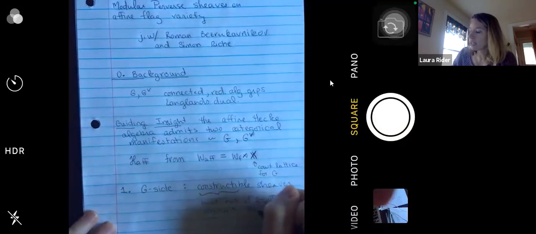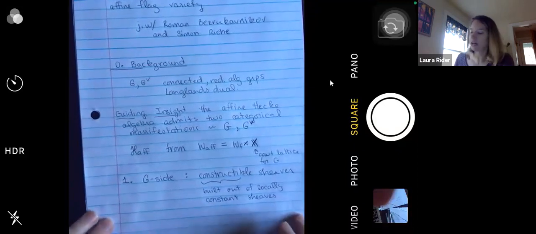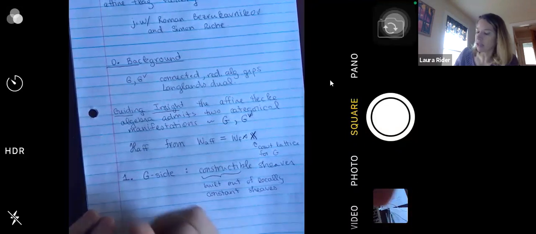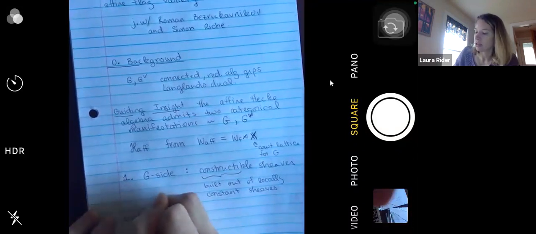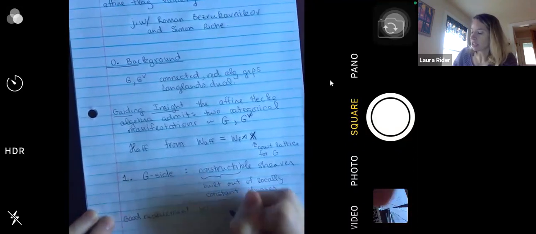And so the reason that we look to constructible sheaves is because they're a good replacement, when you're dealing with categories, for functions.